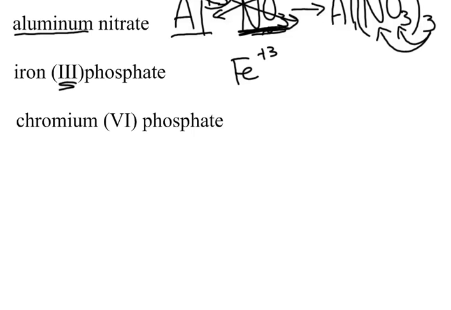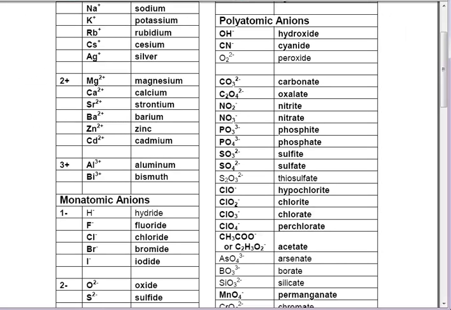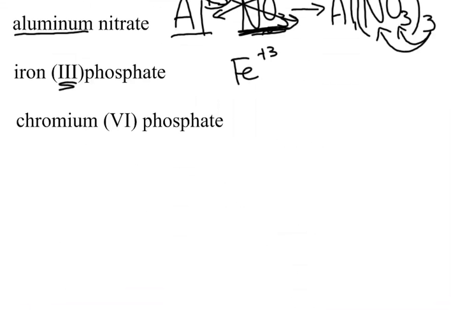Now, phosphate, if you look at your chart right here, is PO4 -3, so that's what we're going to write down. Recalling what we did previously with formulas, in this case iron is going to give up 3 electrons, and each phosphate can accept 3 electrons.